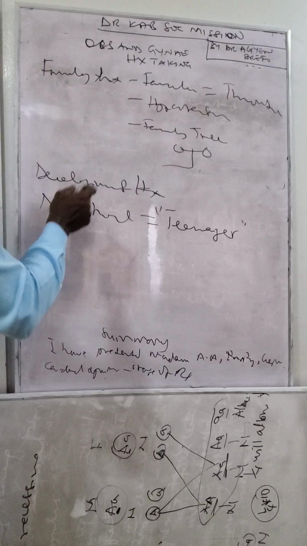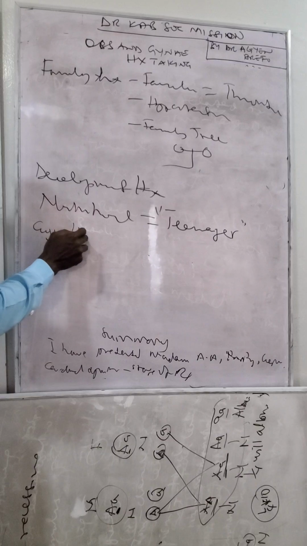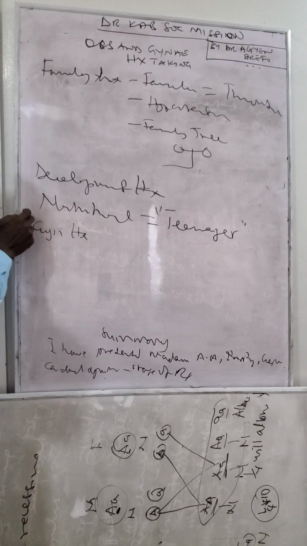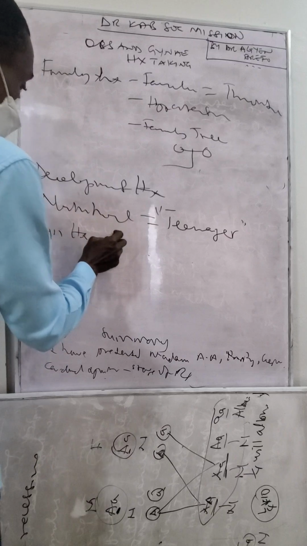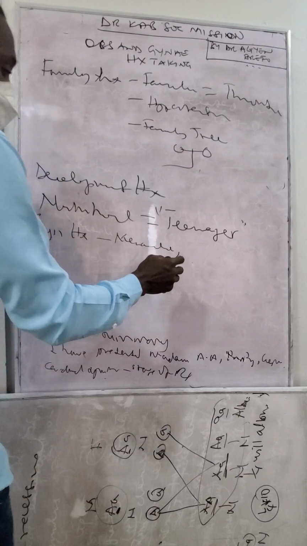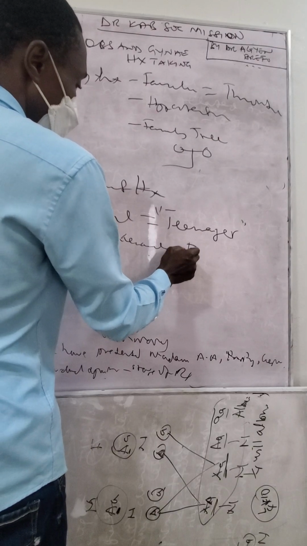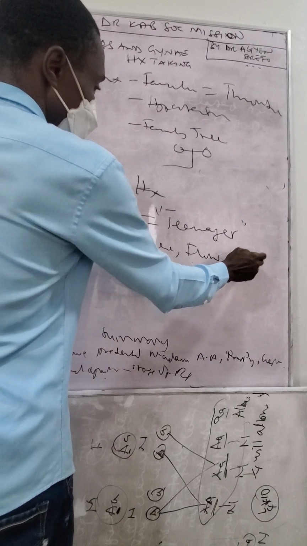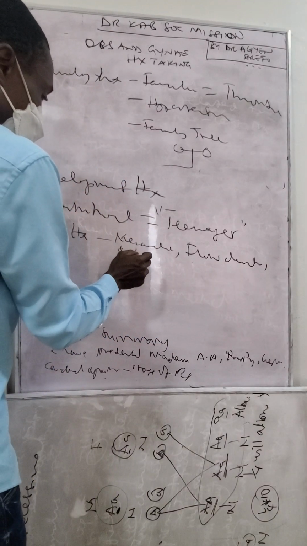Then you can come to your gyne history, in this case your past gyne history. You are talking about your menarche, your flow duration, and then cycle length.